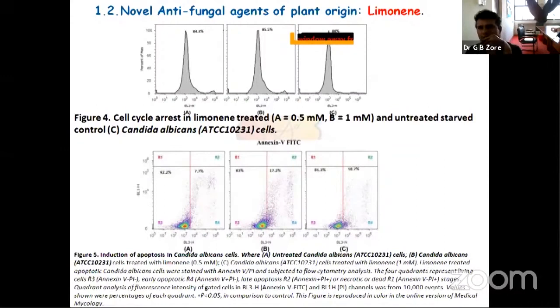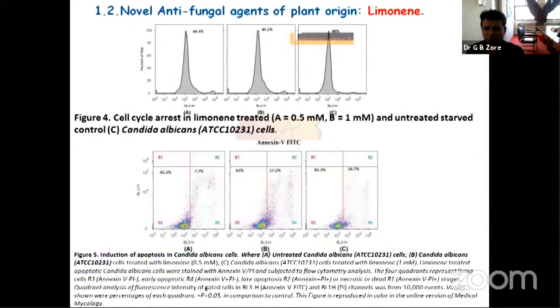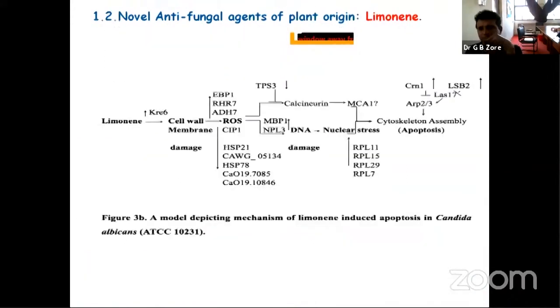So we concluded that limonene is causing cell wall and membrane damage, and that damage is inducing production of reactive oxygen species. And to cope with those reactive oxygen species, it has impacted several genes, and we found that among the genes involved in managing reactive oxygen species stress, some were upregulated, while some were downregulated.